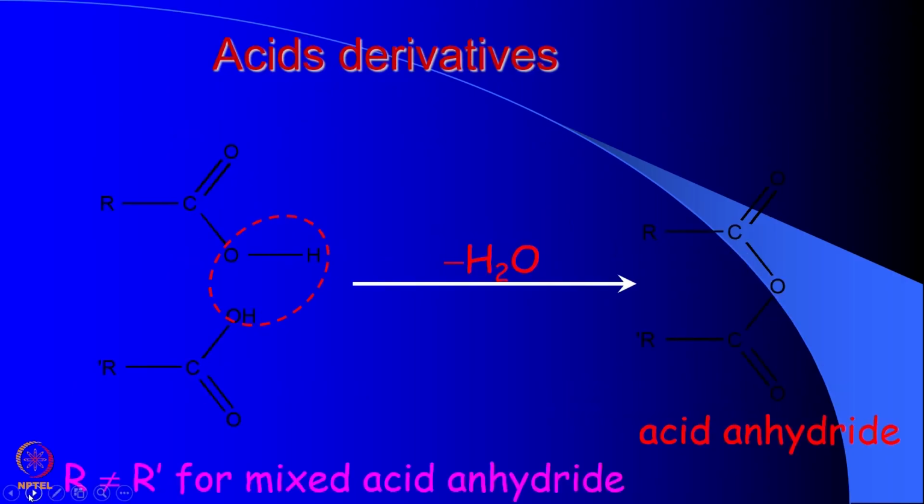When you have two acid groups joined together by dehydration and form a new type of molecule, shown here, with an RCOO, C double bond O, R kind of moiety, that is called the acid anhydride, and it is possible that there may be R and R groups which are different and it forms a mixed anhydride.